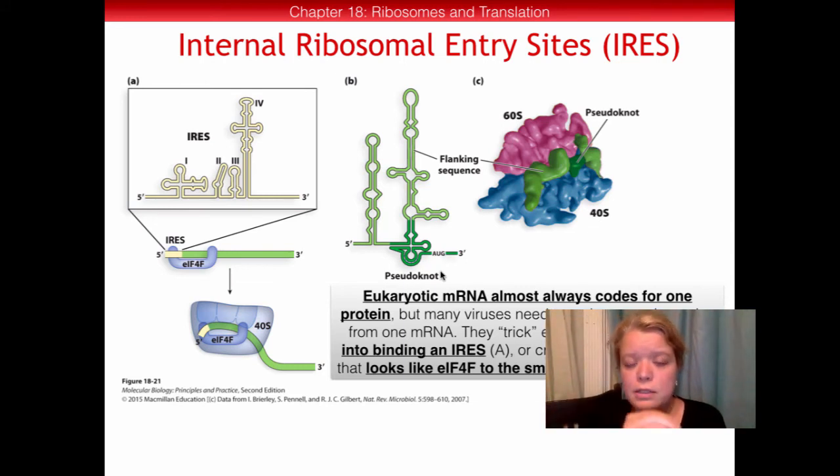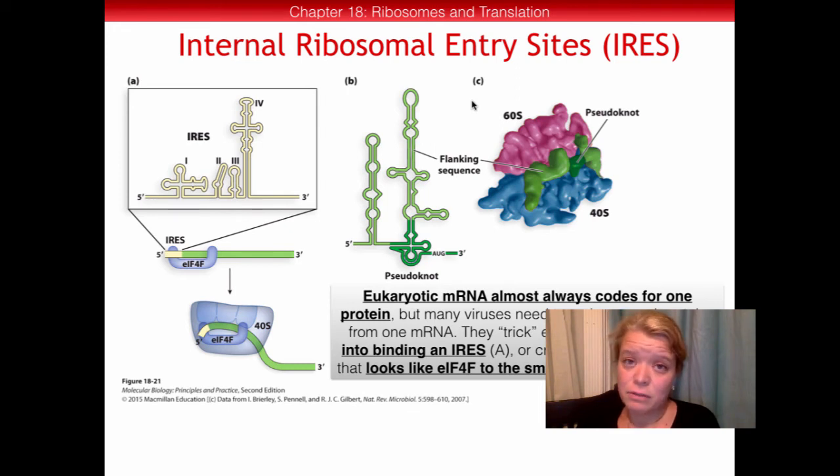So, is it impossible in eukaryotic cells to have multiple places for translation initiation, aka internal ribosomal entry sites, also frequently just abbreviated as IRES? Well, you have to. There's a certain kind of organisms that love to prey on eukaryotic cells, and those are viruses. They have tiny genomes. They can't afford a one mRNA, one protein situation.